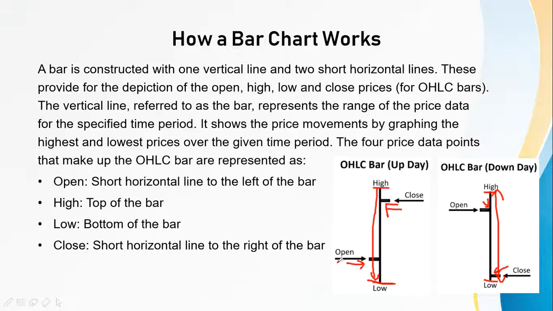One thing to note is that the opening price will always come on the left side of the bar and the closing price will be on the right side of the bar. That's how we can know whether it's a bullish or a bearish bar. When the opening price is low and the closing price is above it, this is definitely a bullish bar. And on the right side, we have a bearish bar because the opening price is higher and the closing price is lower than that.